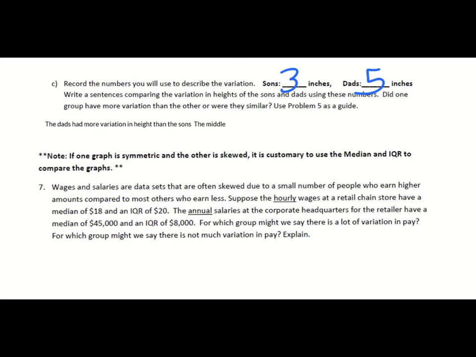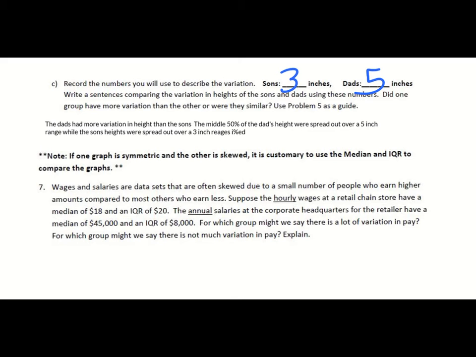The middle 50% of the dads' heights were spread out over a 5-inch range, while the sons' heights were spread out over a 3-inch range.